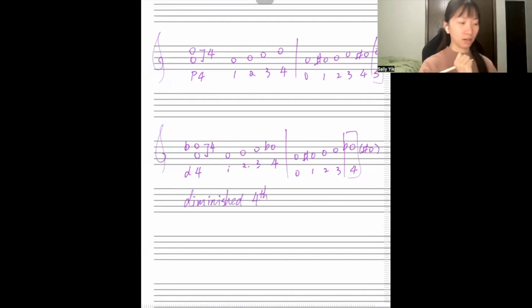So that's how we write it in full form. And alternatively, if it is a major interval or a perfect interval with one semitone more, then we would say that is an augmented interval. So that's how we identify the very special diminished and augmented intervals.